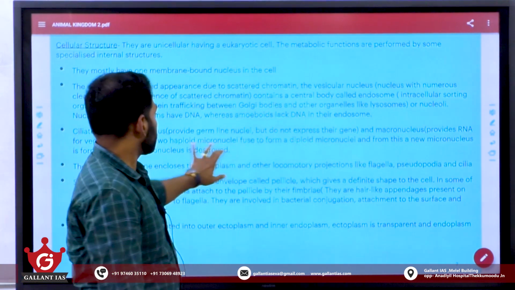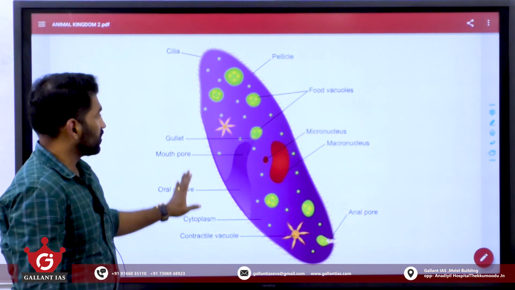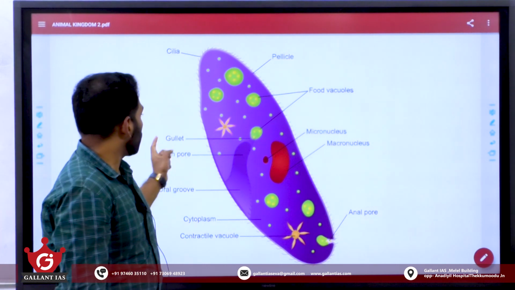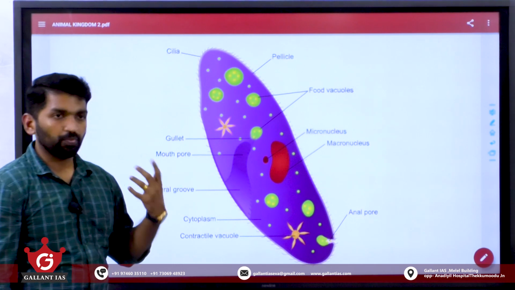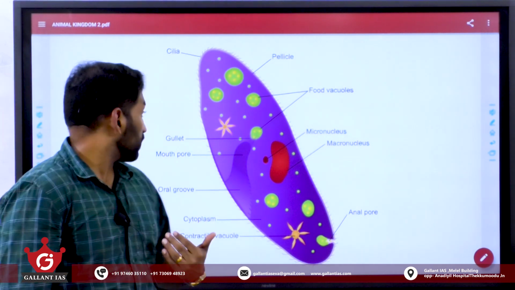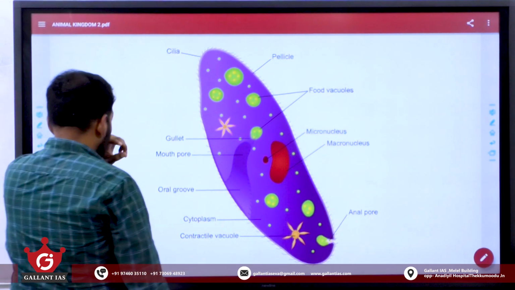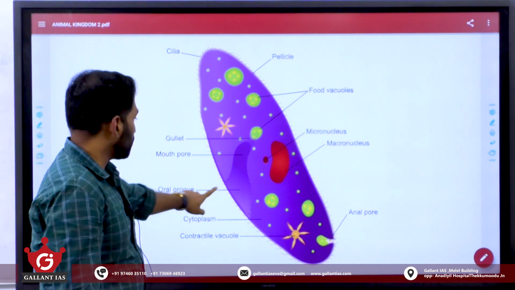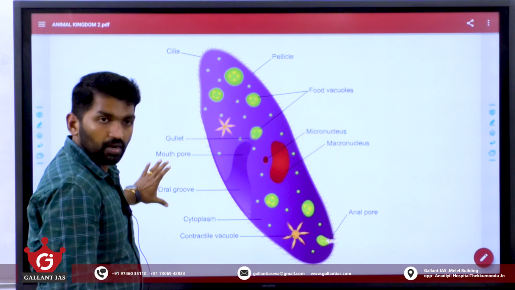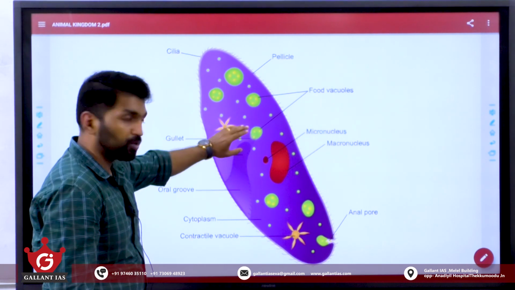Cool. So in the general structure, we'll see what a gullet is. Gullet is an opening that it has, just like we have a mouth for eating our food. Gullet is an opening that they have for the food to pass through, gullet and mouth. And this is the oral groove structure. All three will contribute towards the entry of food into the organism.